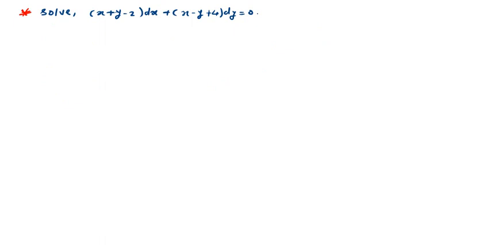Okay, now we'll see the first example. The first example says solve, which means to find the solution. So we will check whether this differential equation is exact or not. That means we need to check the condition for exactness of the differential equation. To check the condition, firstly we will compare this to our standard differential equation M dx plus N dy equal to 0.